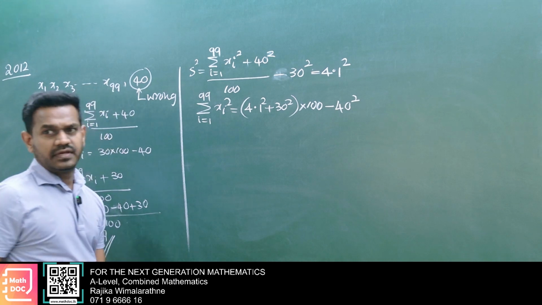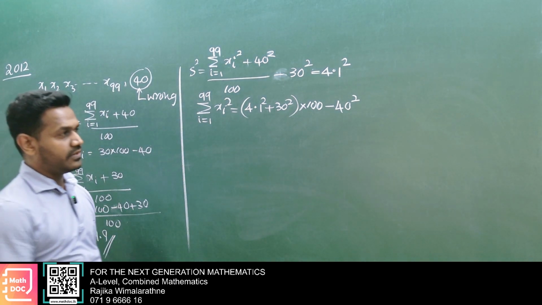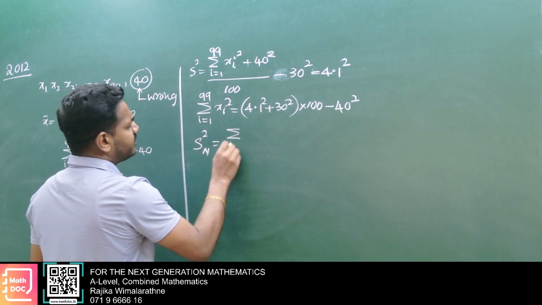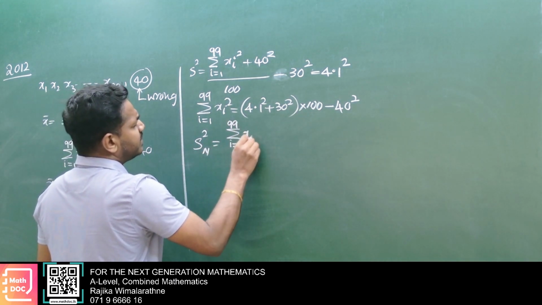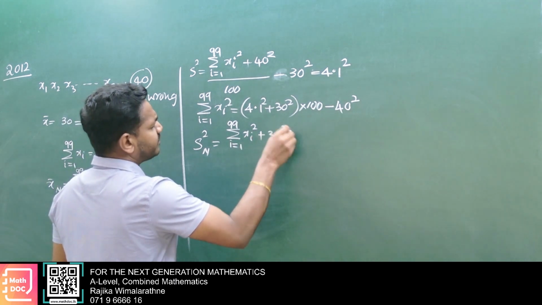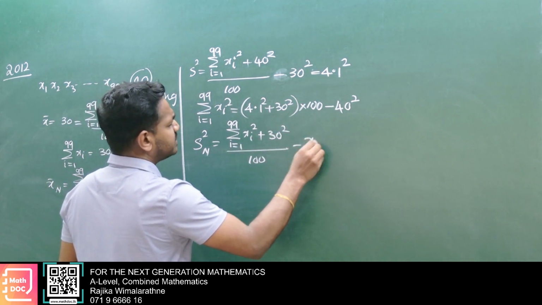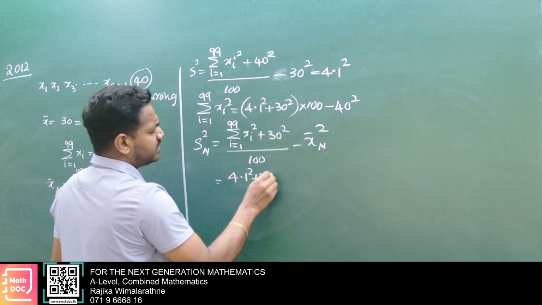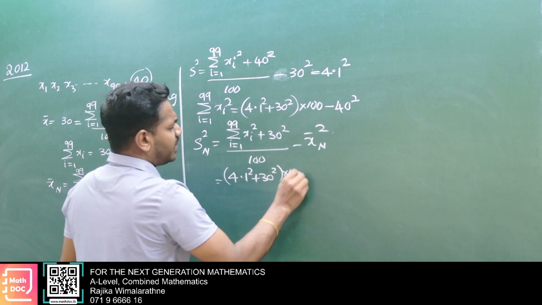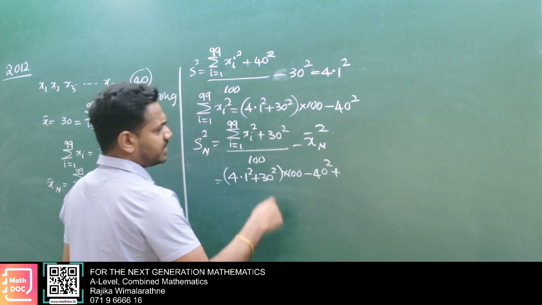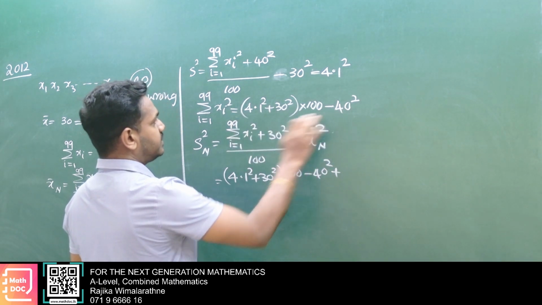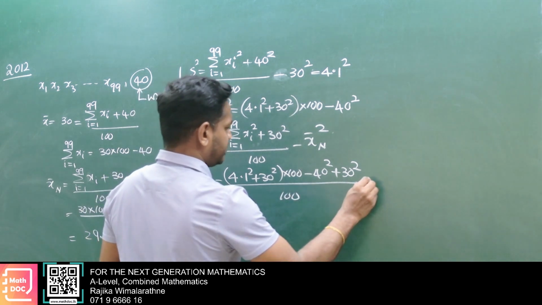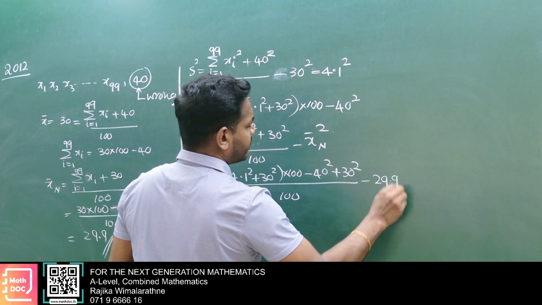Don't simplify for now; at the final stage you simplify. Then the new variance: sigma of xi squared plus the correct value 30 squared, divided by 100, minus 29.9 squared.